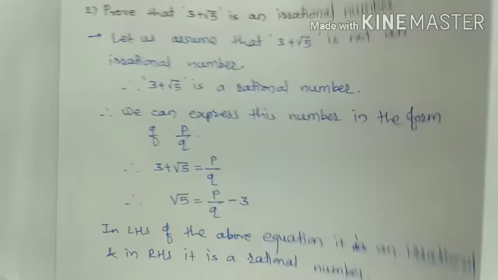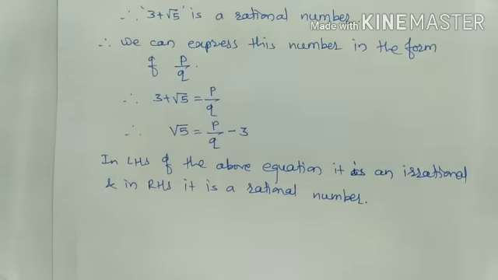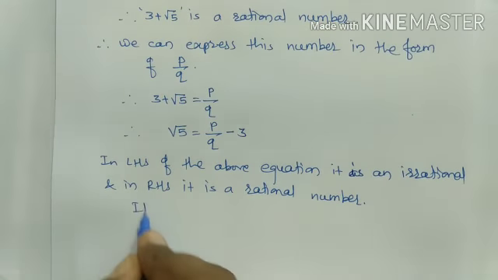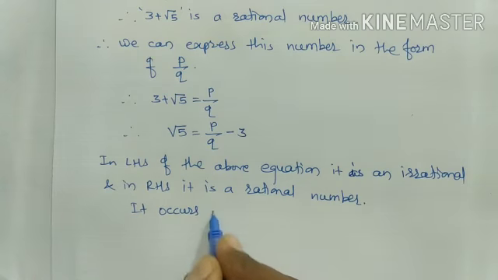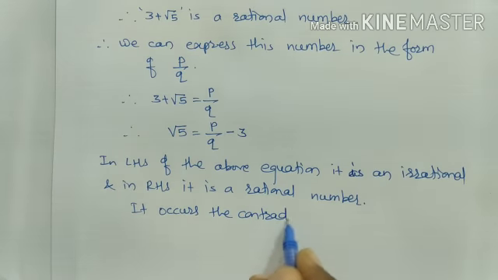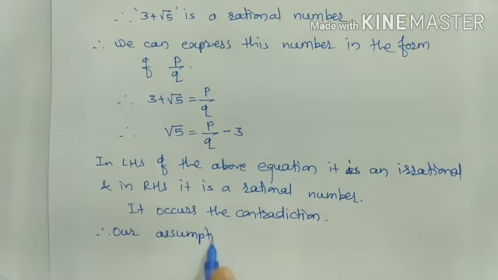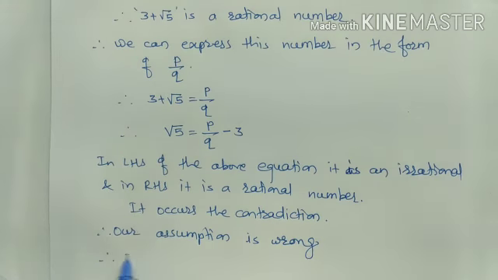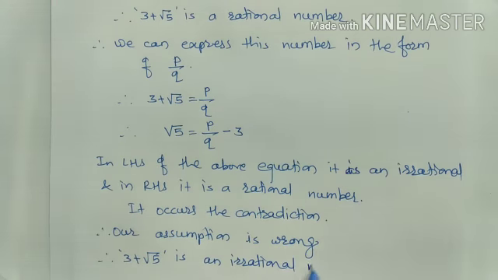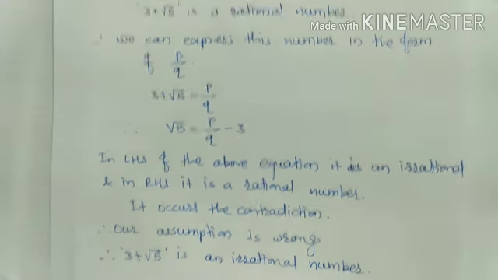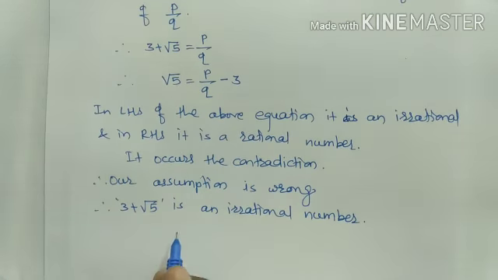That's why P upon Q minus 3 is a rational number. Therefore it occurs the contradiction, and therefore our assumption is wrong. And therefore this 3 plus root 5 is an irrational number. And hence proved.